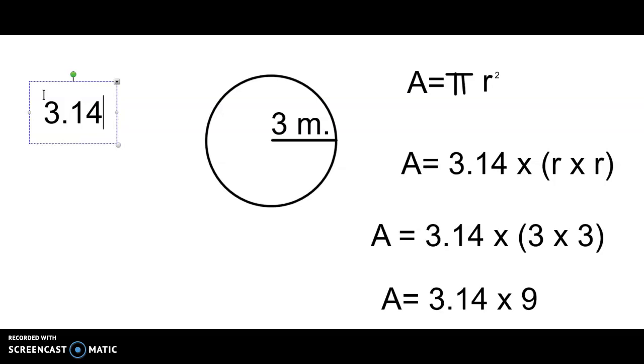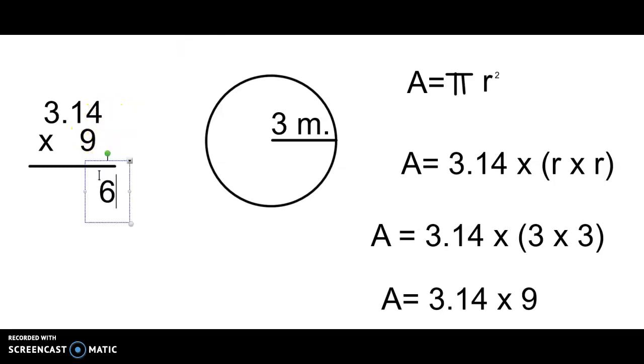So I'm going to say 3.14 times 9. And we'll figure that out. And I know that 9 times 4 is 36. I'm going to put a 6.